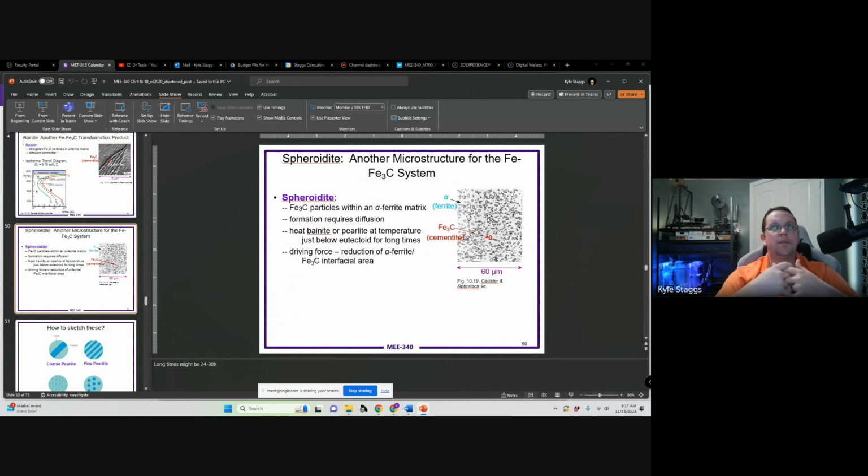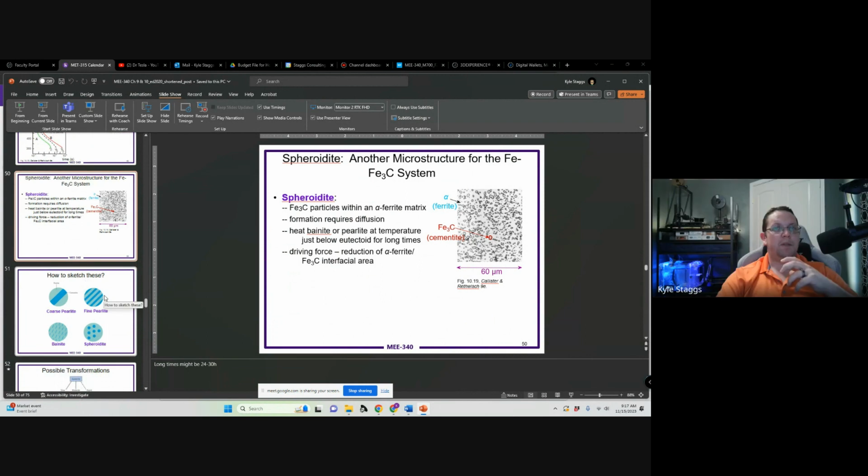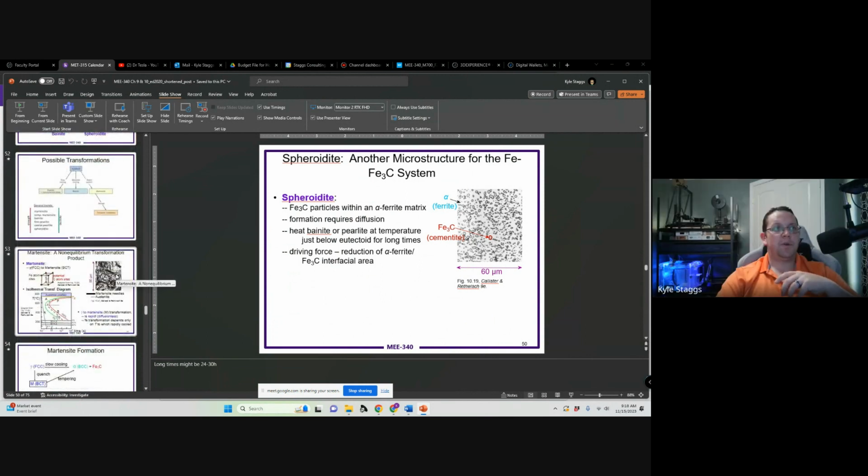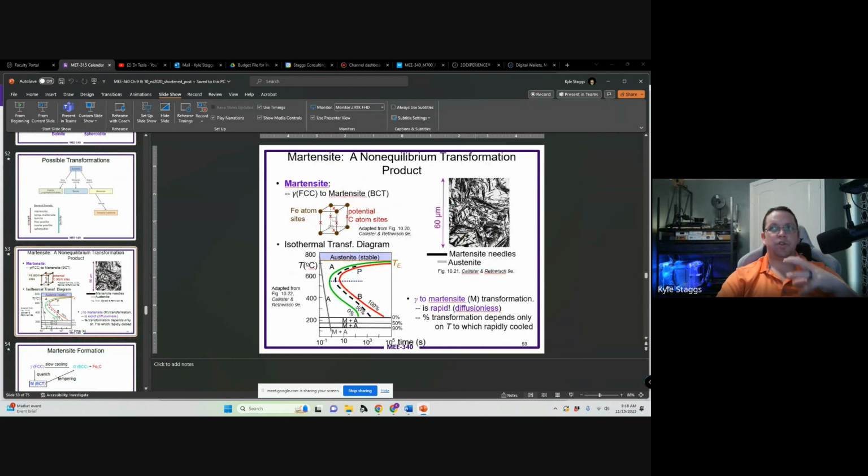So think about something like a structural beam in a bridge, right? Yeah. You don't want a structural beam in a bridge to be fragile shards of something. I forget, have you guys done tension testing in this particular class?